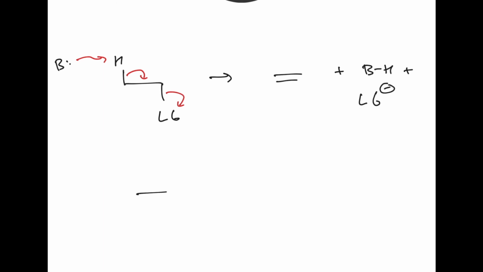If your hydrogen is over here, when your base tugs on this hydrogen, there's no place for those electrons to go. There's no group for them to push off because that leaving group is now too far away, right?